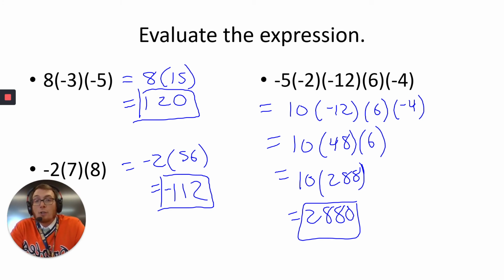I chose to do those ones first, though, because that gets rid of all the negatives. Notice in this question there's 4 negatives. 2 of them pair up and become positive. The other 2 pair up and become positive. So if there's 4 negative Nancys at the party, we're good. It's if there's an odd amount that we have a problem. As long as there's an even amount of negatives, it's going to become positive. And then your answer should be 2,880.